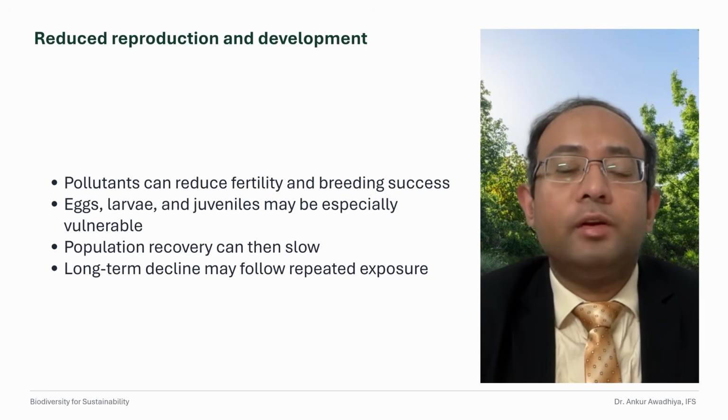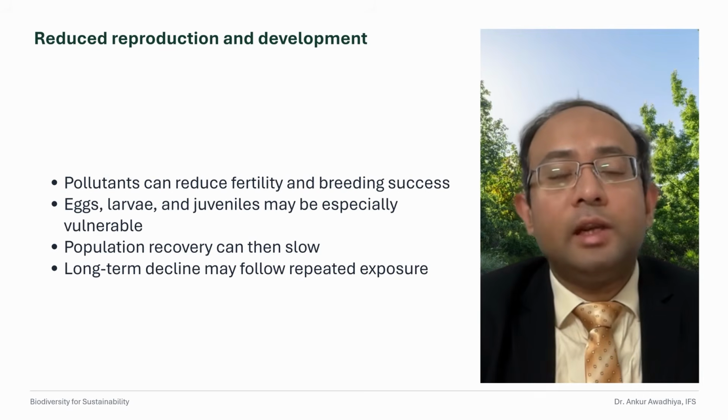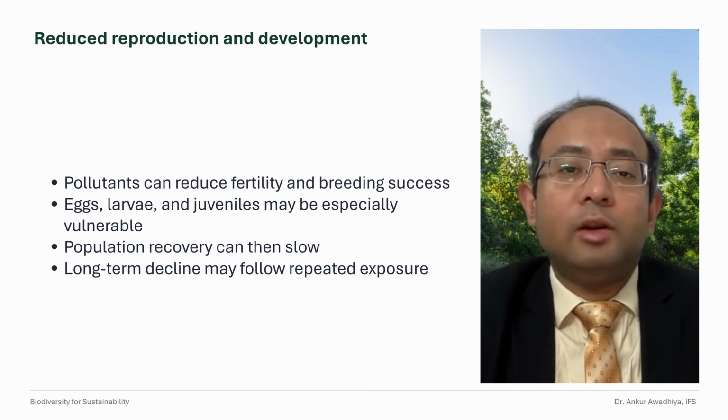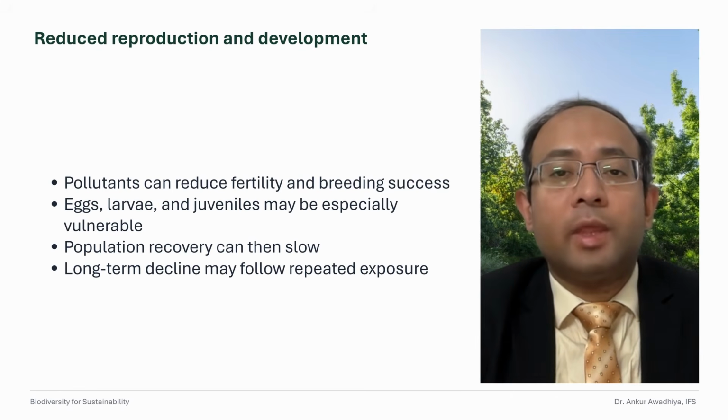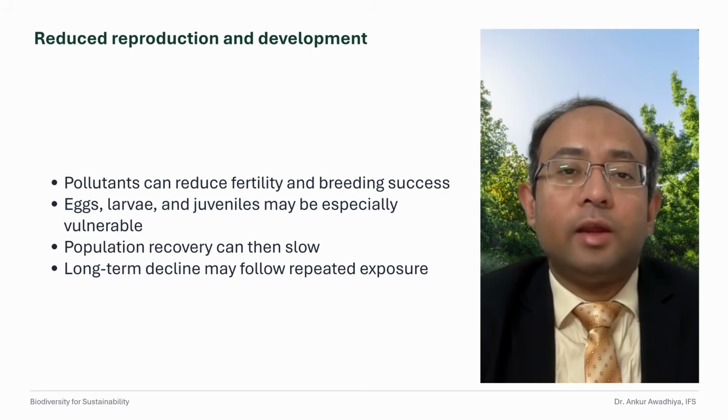Pollution often reduces biodiversity by lowering reproductive success rather than by killing adults directly. So fertility may fall. Eggs may fail to develop normally. Larval and juvenile stages are frequently more sensitive to pollutants than adults. And this creates a delayed effect that is often hard to detect.